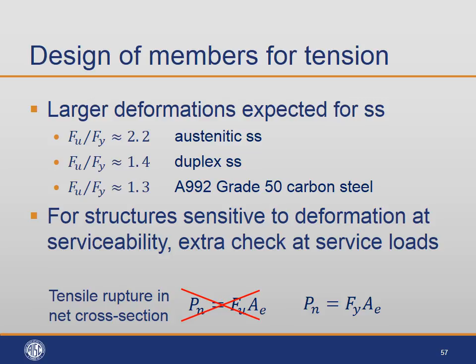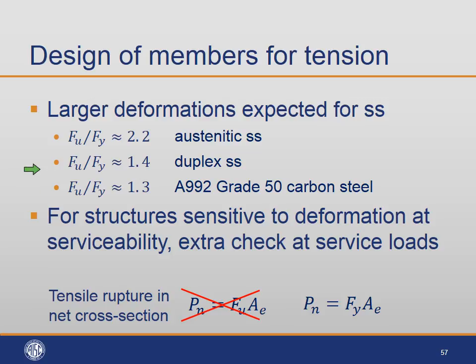However, it's worth pointing out that you may get larger deformations. Well, you would get larger deformations because of the high ratio of Fu, the tensile strength, to Fy. And for austenitics, this ratio can be around 2.2. The ratio for duplexes is more or less the same as you're familiar with for carbon steel.